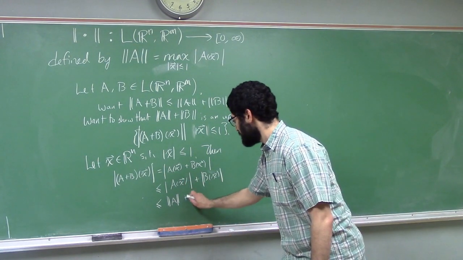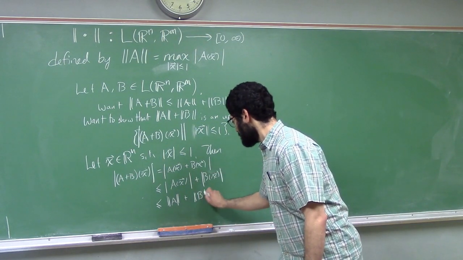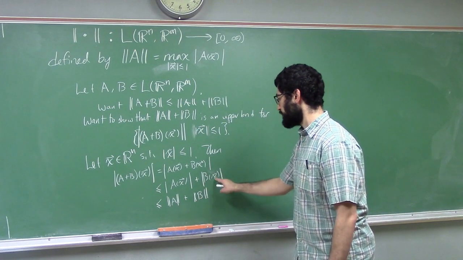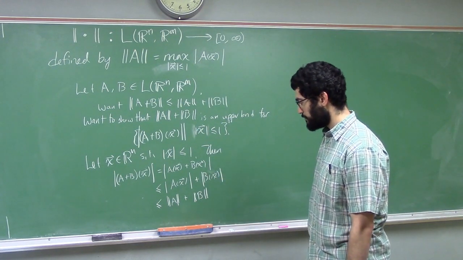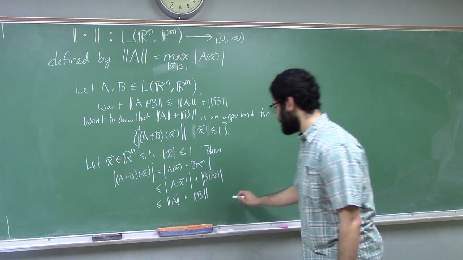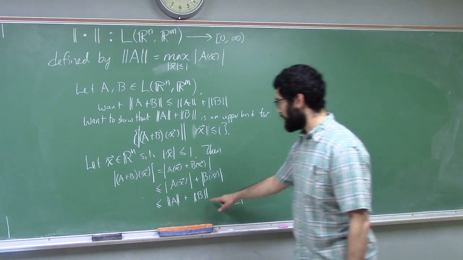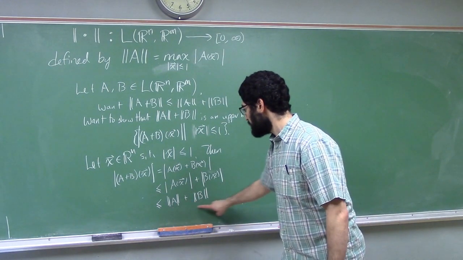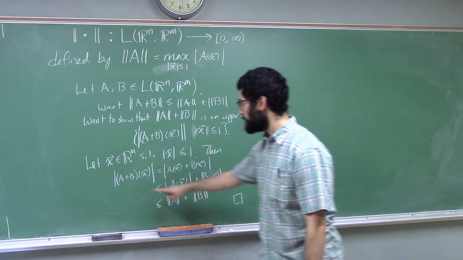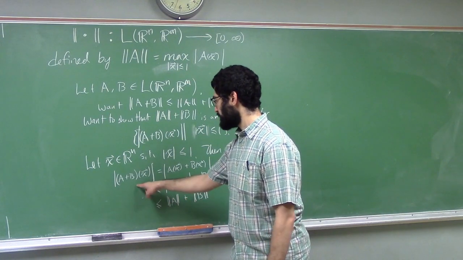So that's this. And similarly, this is bounded above by the norm of B, which is the maximum of all of these running over all X in the unit ball. And that's it. We're done proving the triangle inequality because we have shown that this real number, this constant independent of X, is an upper bound for all of these. So it's greater than or equal to the max.